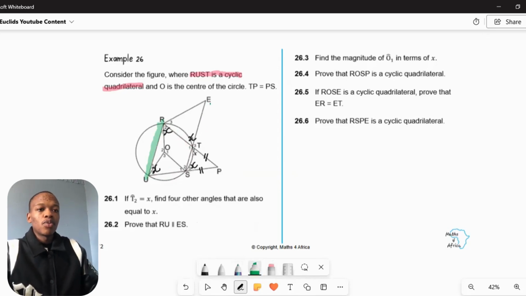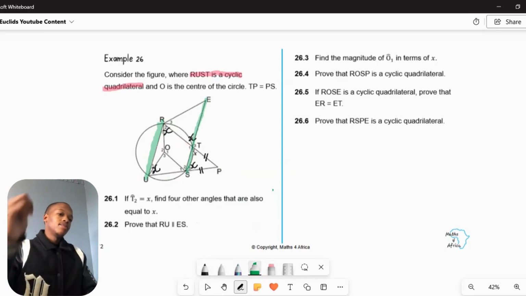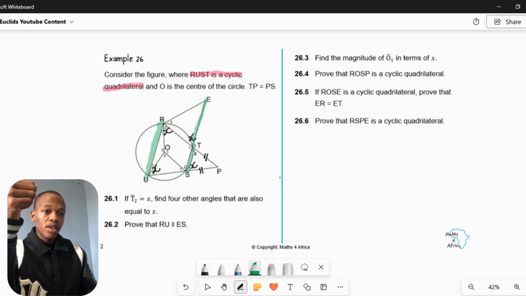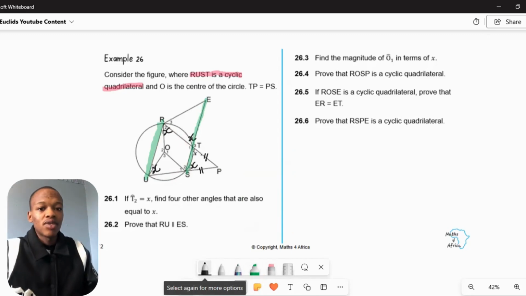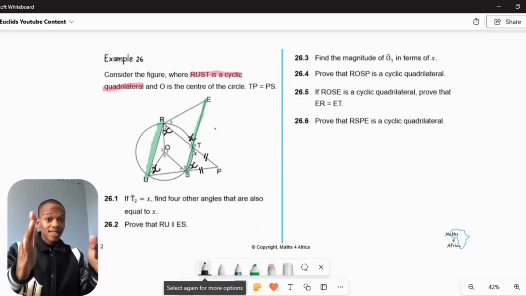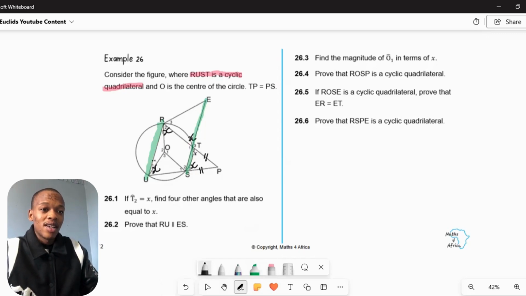Right, so now we're supposed to prove that these two are parallel. How are we going to prove it? We should prove by corresponding. Is it going to work? Yes, corresponding will work, because this is equal to X and this is equal to X. Hence these two are corresponding.